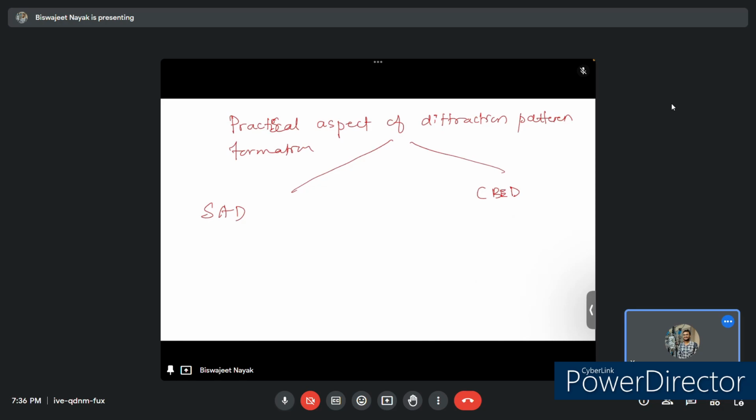So in SAD patterns, they are sharply focused spot patterns that we use to select reflections for all imaging modes.